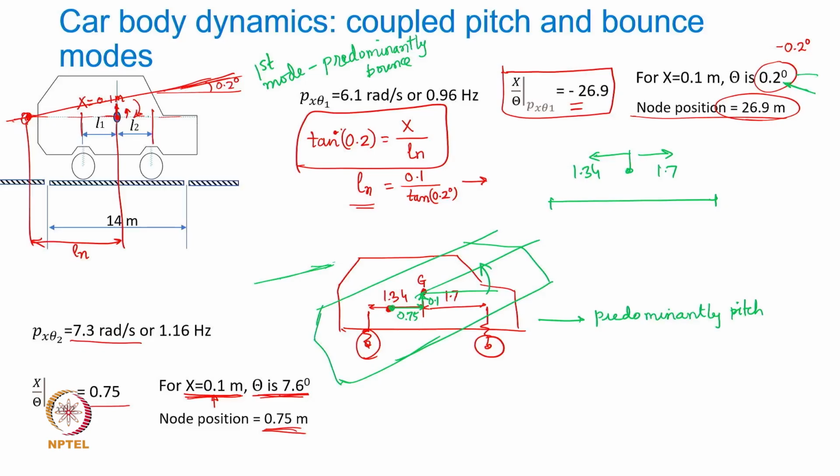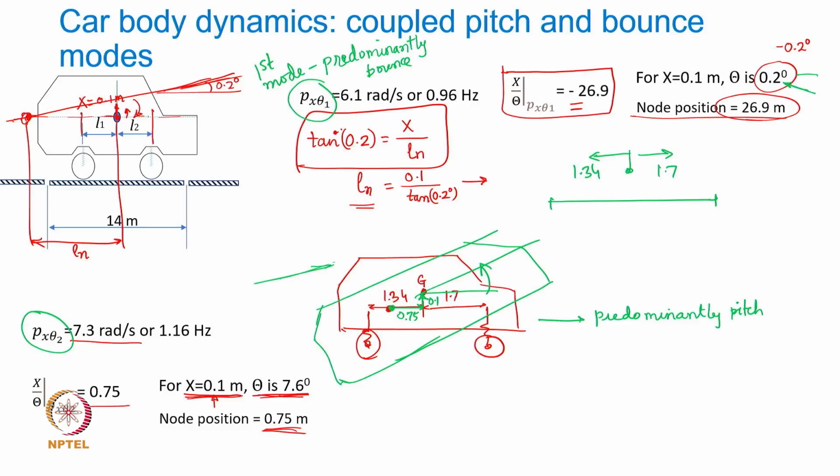Okay, and then the coupled pitch bounce will be literally coupled pitch bounce, in which both bounce and pitch will be observed significantly. I mean, there will be a reasonable contribution from both the modes, but it suffices to say here that one of the two modes, px theta 1 and px theta 2, in one of these modes it is quite possible that either bounce will be predominant or the pitch will be predominant.